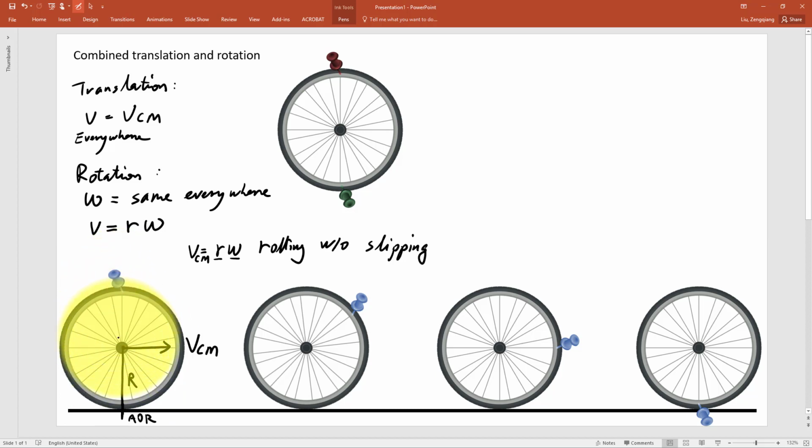Or you can say it's the combination of participating in its rotation. Here's translation, the V center of mass. Everything translates with that same speed, and then you also add another component because you're rotating around this point. So that is this other one, also equal to V center of mass.